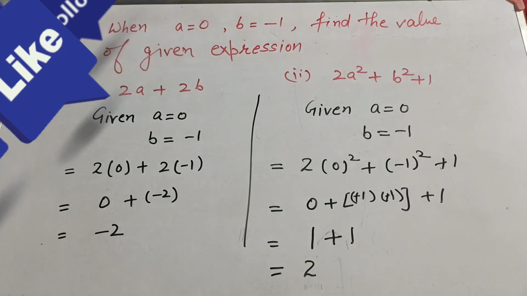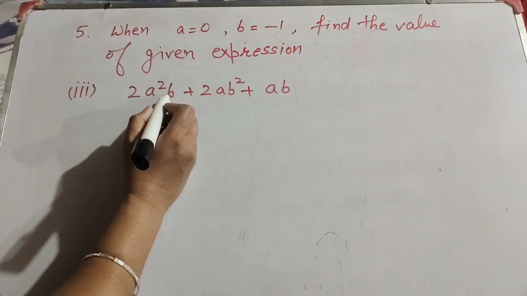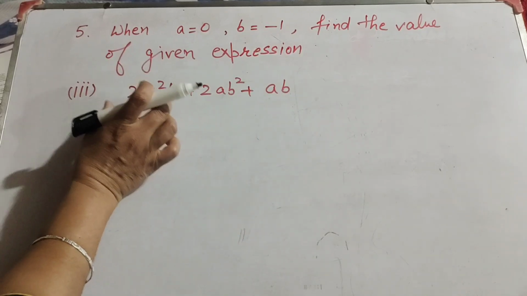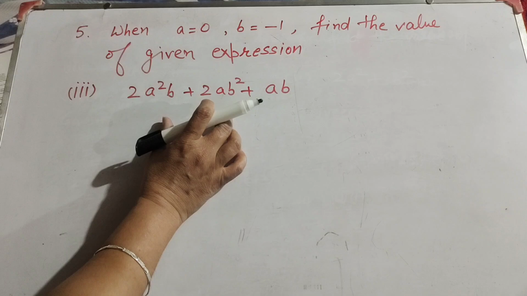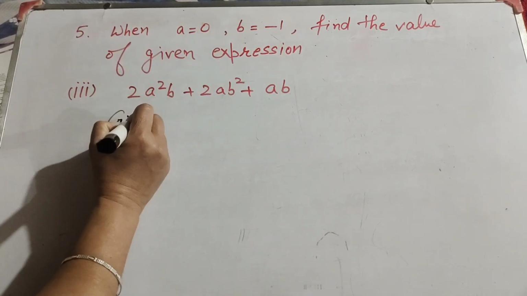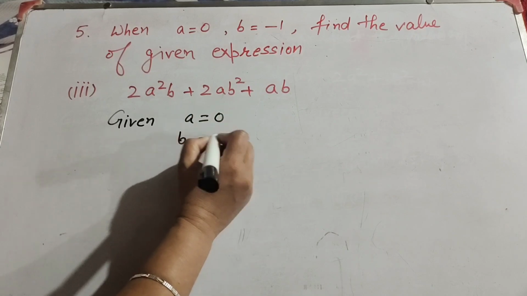Now we move to the third part. 2a square b plus 2ab square plus ab. We find the value of this expression by using the given value a equal to 0 and b equal to -1.